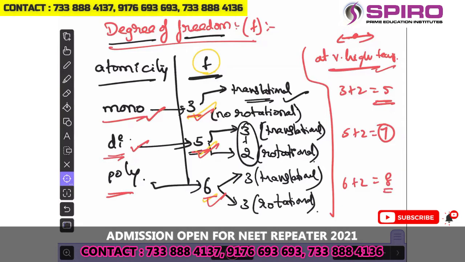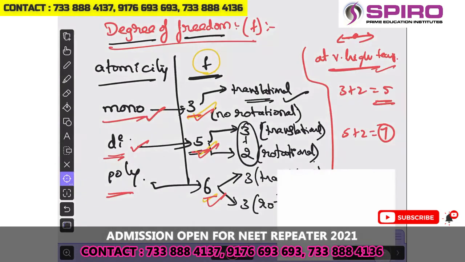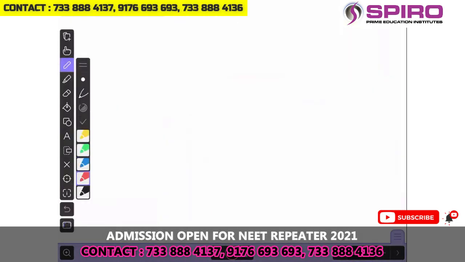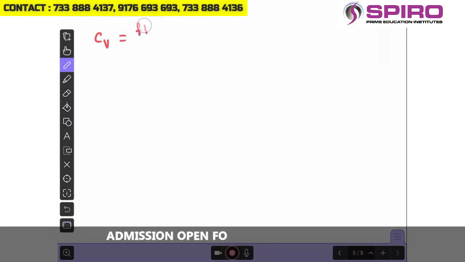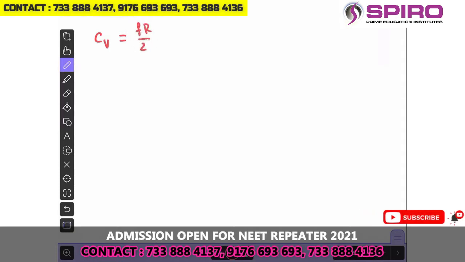Based on this degree of freedom, we can define the molar specific heats at constant volume and at constant pressure, right? So, what is the CV? Molar specific heat of the gas at constant volume, and its formula we have already taken as fR by 2, and for monoatomic gas, what is the degree of freedom? 3.